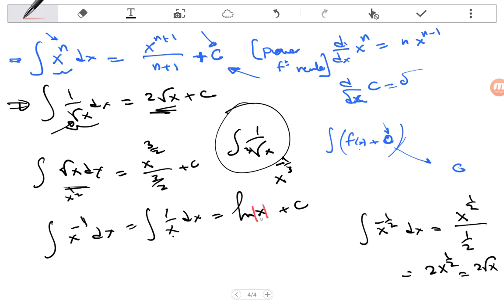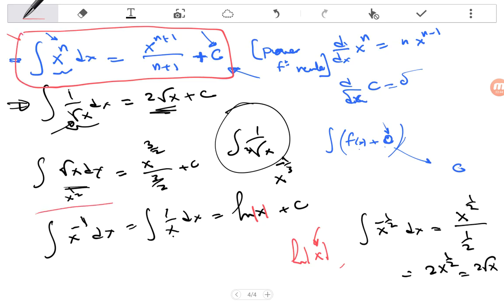You remember that ln doesn't take a negative input, but now we have ln absolute x. So whenever I have a negative value, it is inside an absolute value, and it will be positive again. So that is the power function rule, that is the first rule, and that is the second rule, which is of the ln.